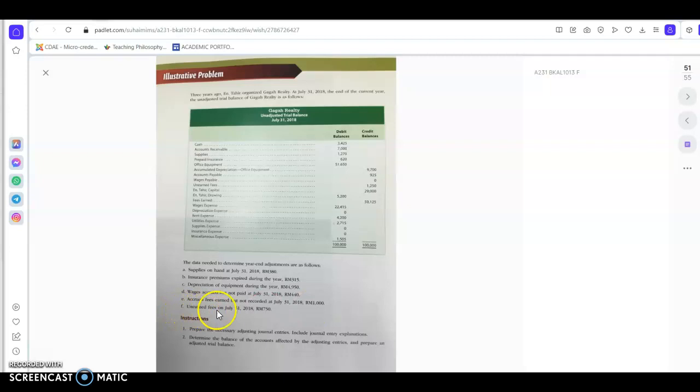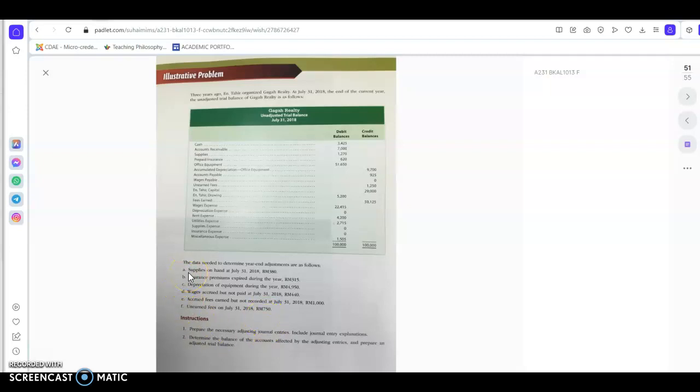F, unearned fees on 31st July 2018 750. Okay, so it's given here the unearned fees. The actual amount is 750. So we have to do the adjustment.